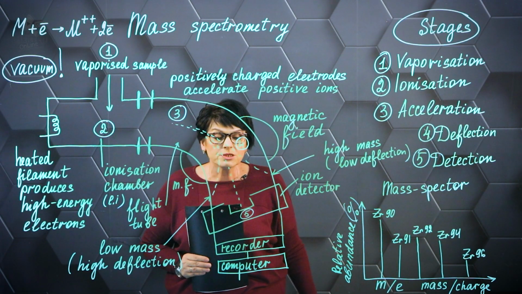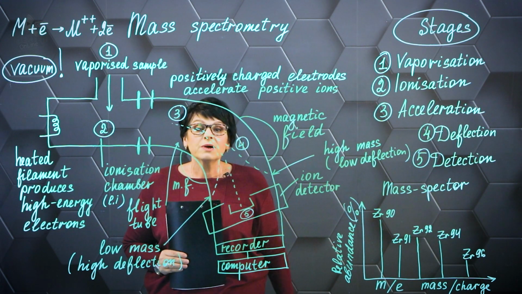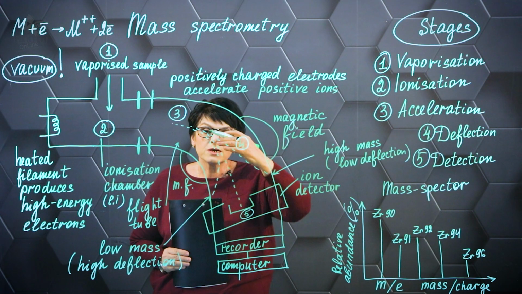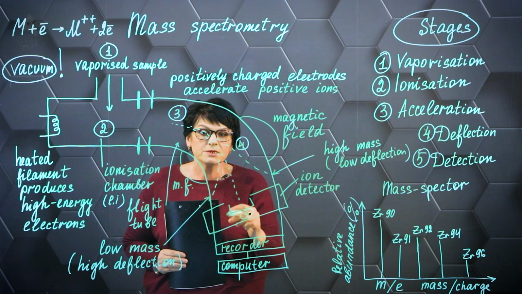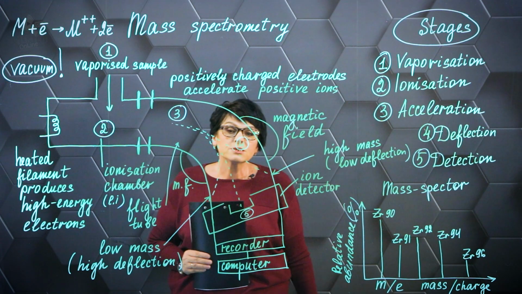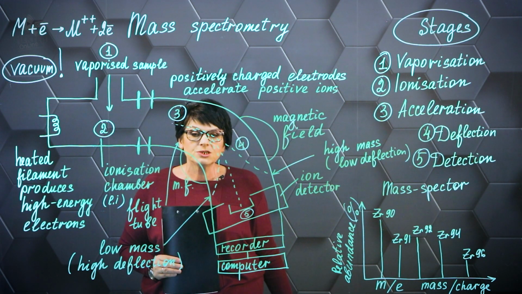Then, in the path of these particles, there's a trap in which these particles can be trapped. This part is called detection. So you get a recording of these particles.